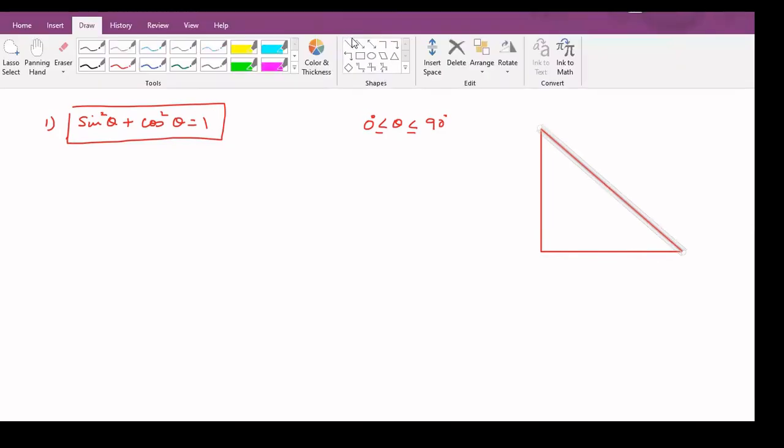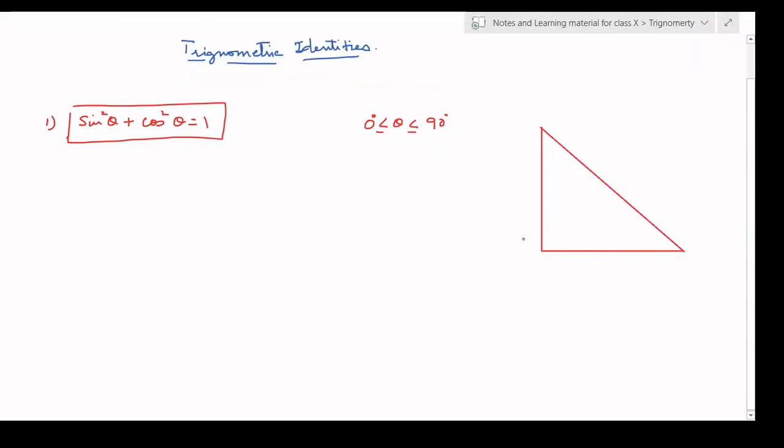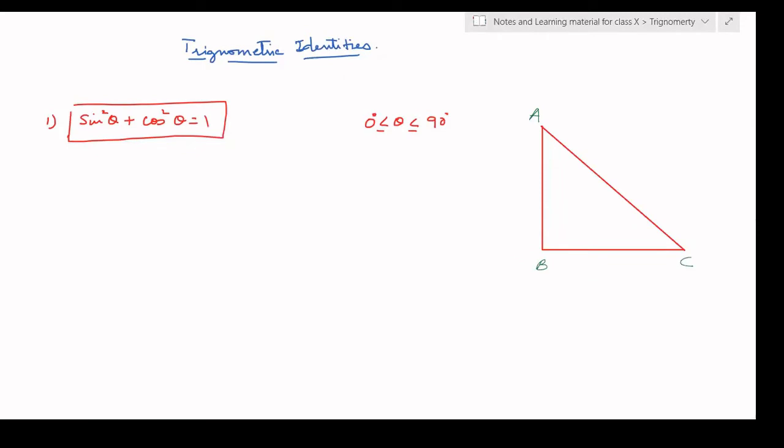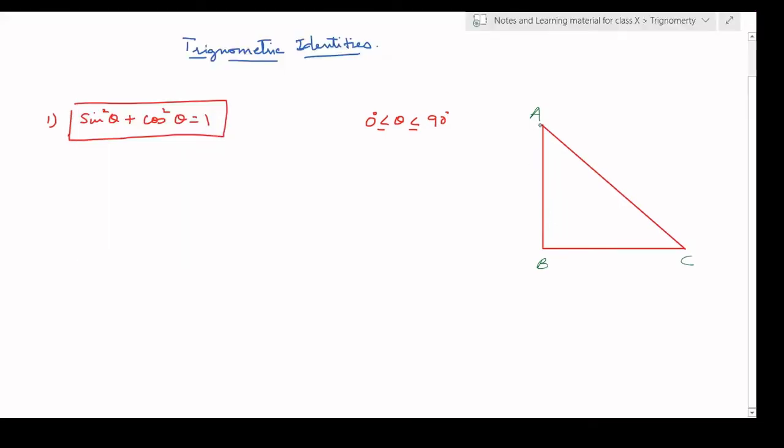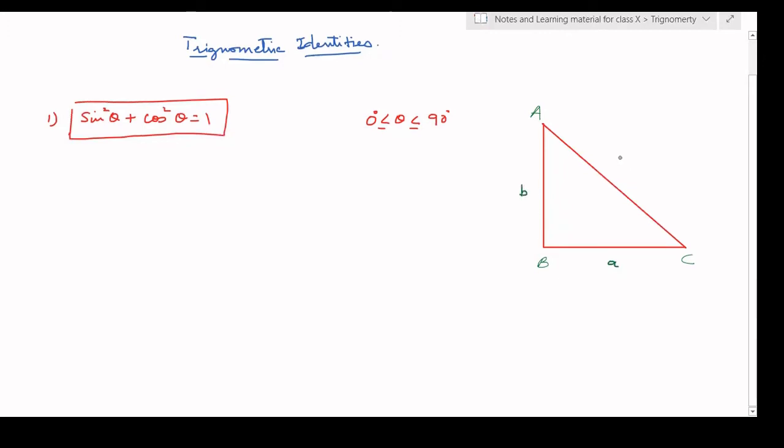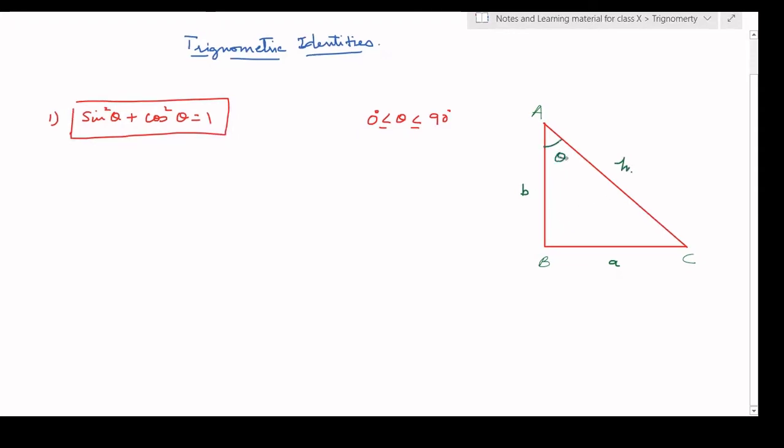Let's call the vertices A, B, C, and let's give names to the sides. Opposite A, let's call it length A, opposite this, let's call it B, and let's call the hypotenuse H. Let's call this angle theta.